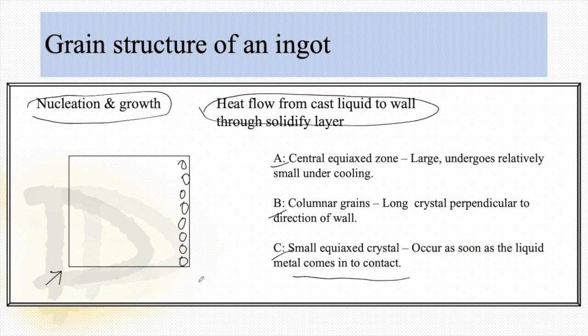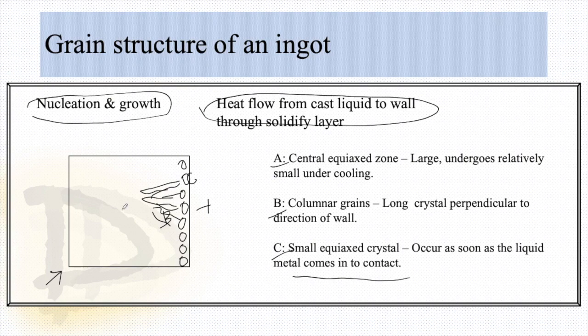As we move towards the center from these small equiaxed crystals, there form different columnar grains, which are long, and the crystals are perpendicular to the direction of the wall.